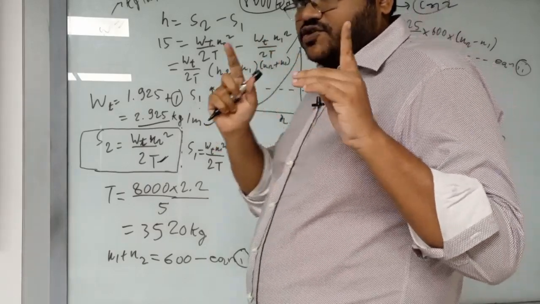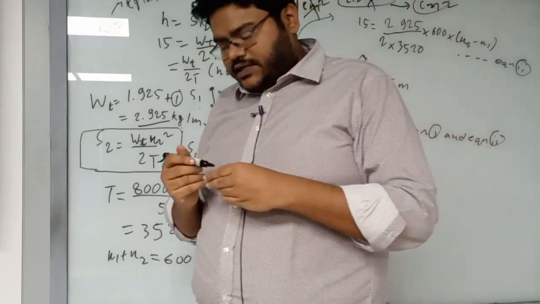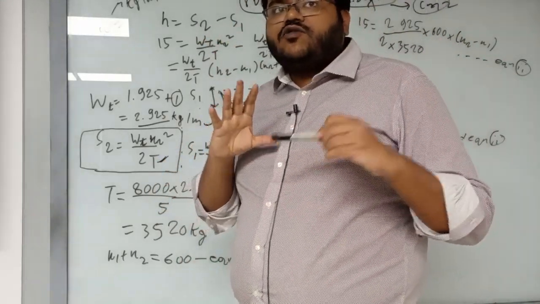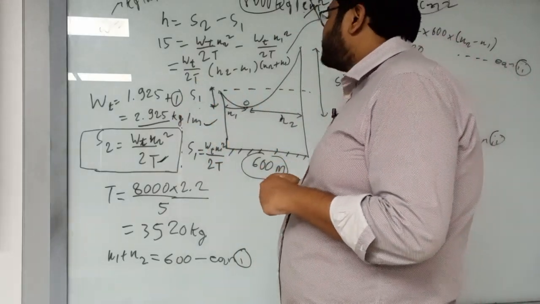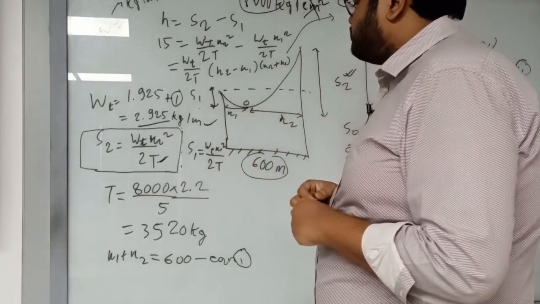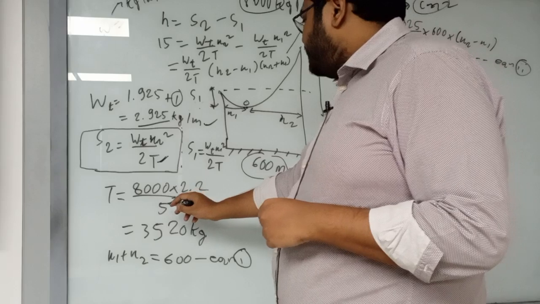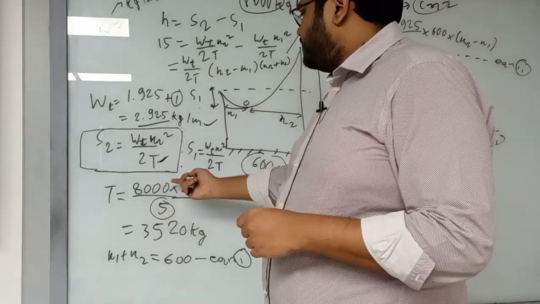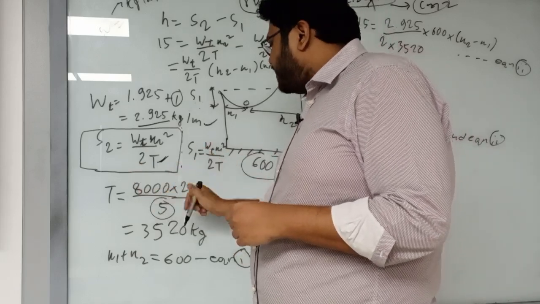Please make sure you are aware of all the SI unit conversions in the calculation, because these things might lead to not getting the exact value. Then the safety factor is 5, it is fixed. The formula of tension is uniform strength divided by safety factor.